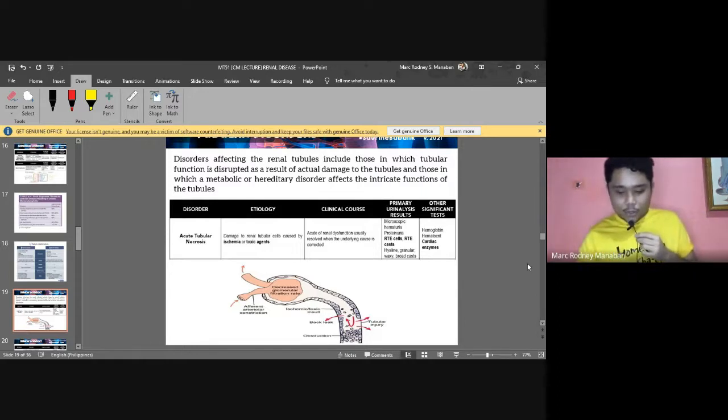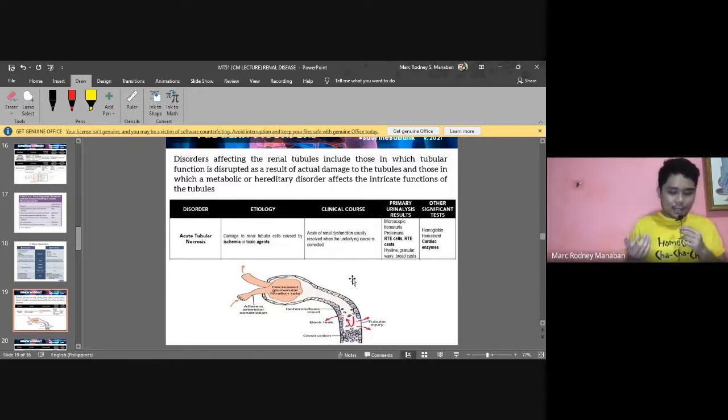It leads to acute renal dysfunction that resolves after the removal of the underlying agent, such as the drugs that caused it. Your function can be normalized again once the poison or toxic agent affecting the tubules is gone.